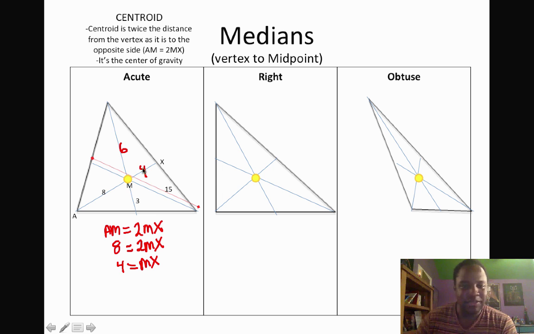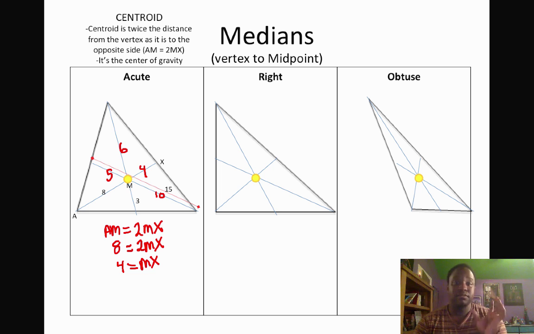This has to be 5, and this part would have to be 10, so that the median is twice as far away from the vertex as it is from the opposite side. So we can solve problems that way as well.